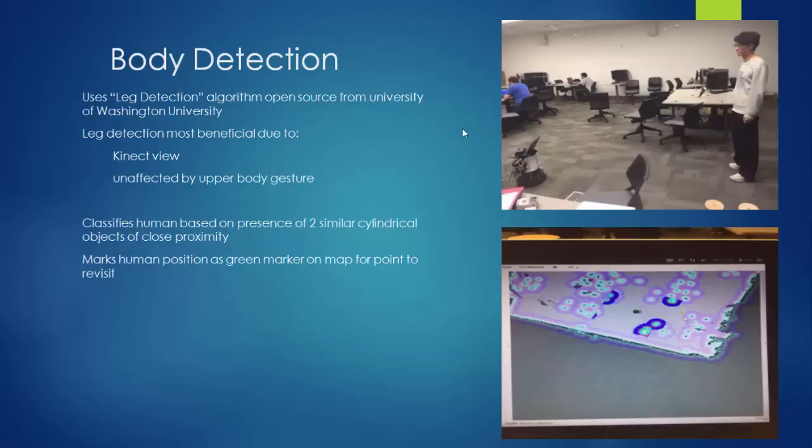But this leg detection algorithm, what it does is essentially finds two similar cylindrical objects and identifies them to be legs, which it can assume to be attached to a person. And we use that to create a destination point marked as green right here in the map, which it would come back and search to.